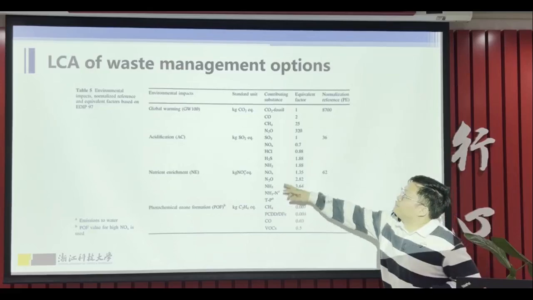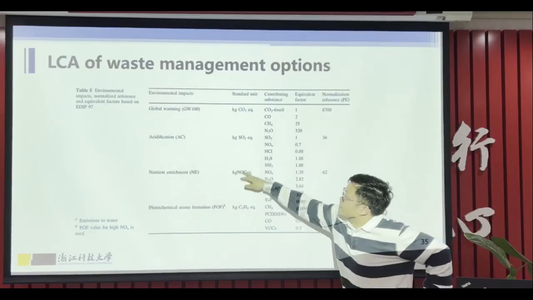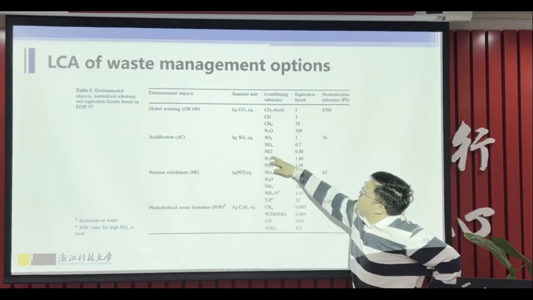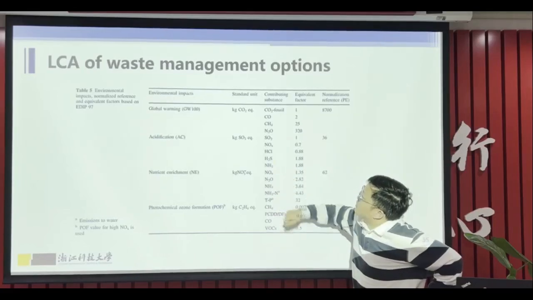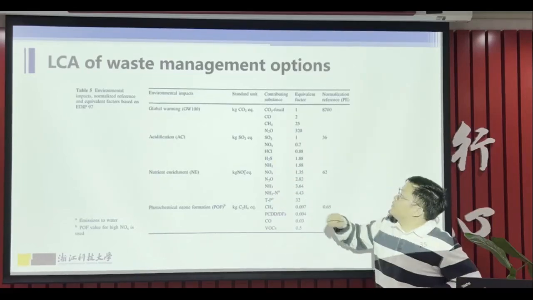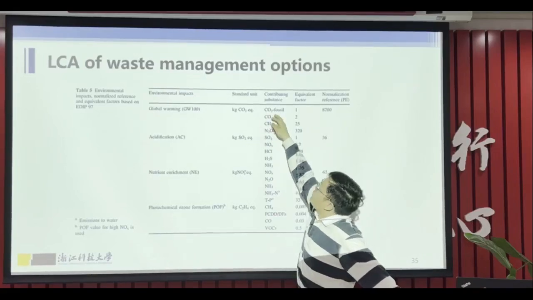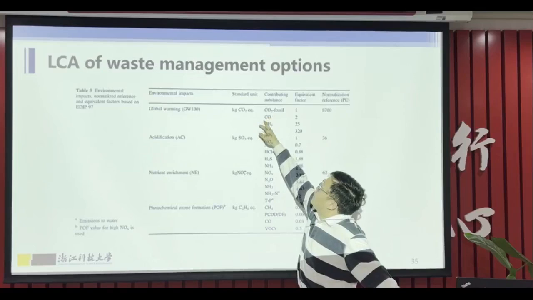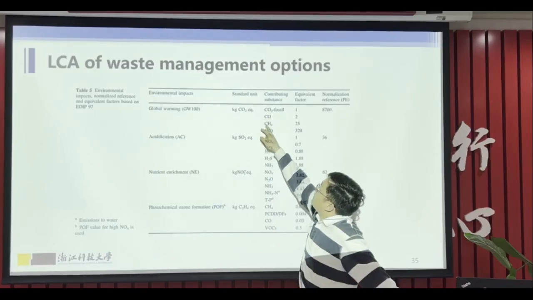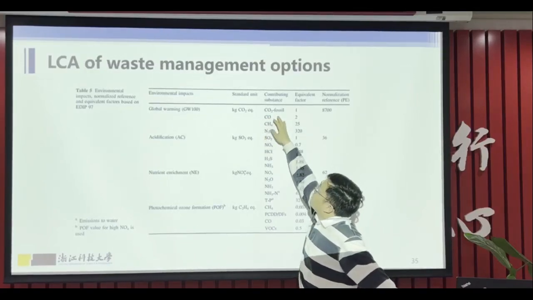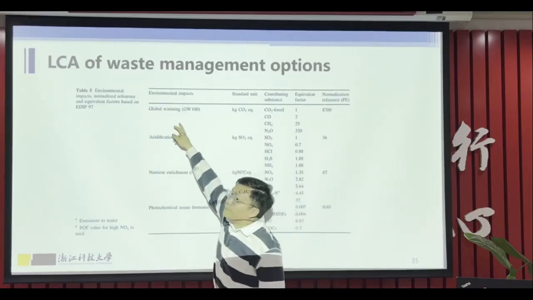And the unit is presented here, and the contributing substances are presented here, which means we see the fossil CO2 and CO and the methane and N2O are contributors to global warming potential.